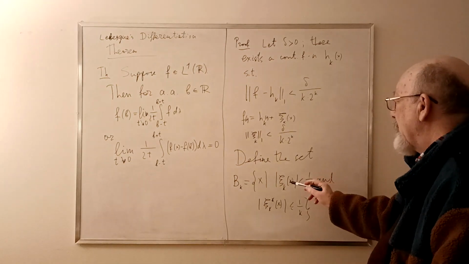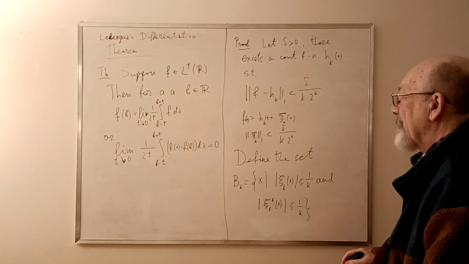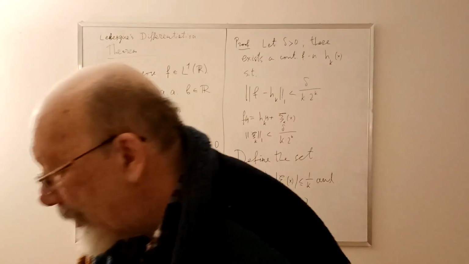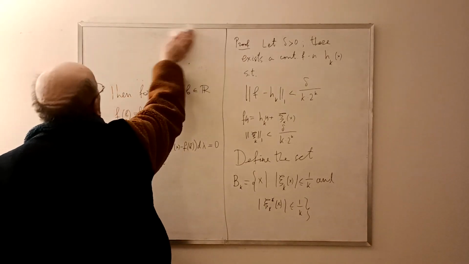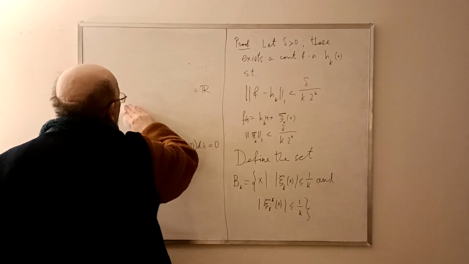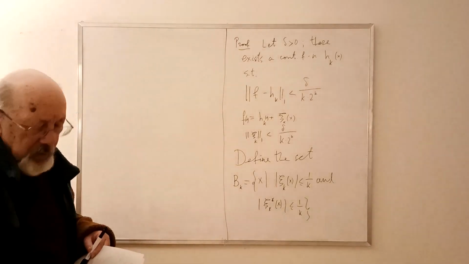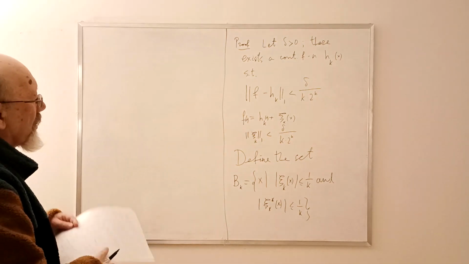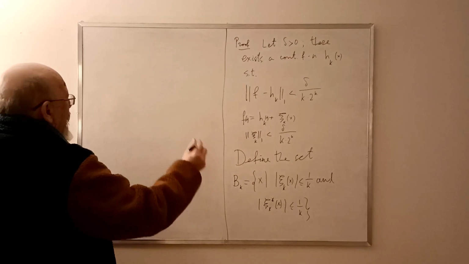So it is the set where both of these are small. Now let's consider the complement of this set Bk.